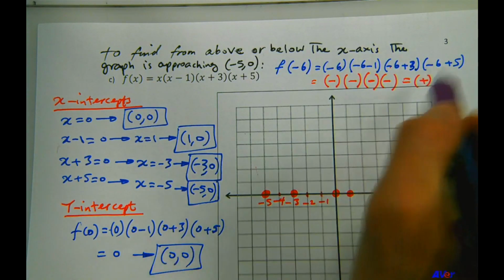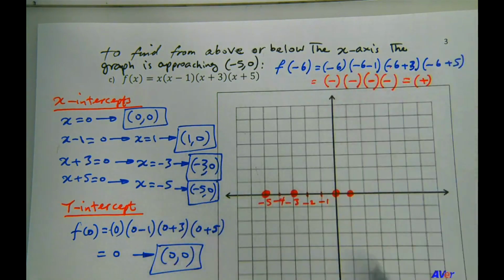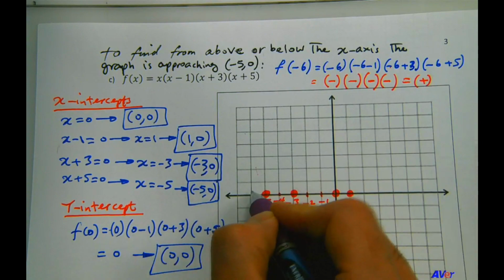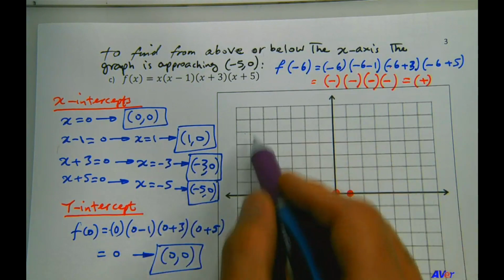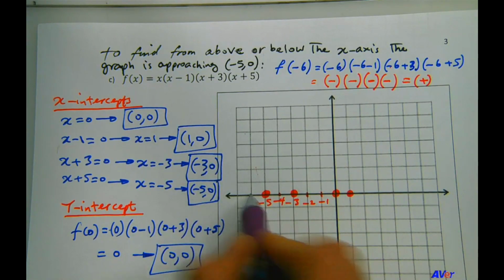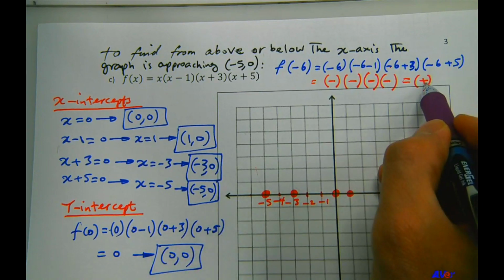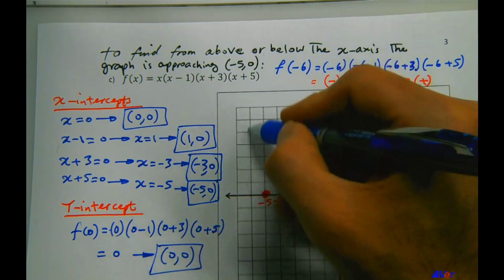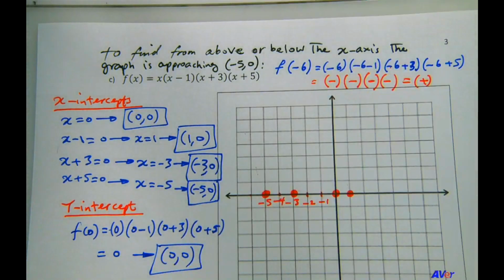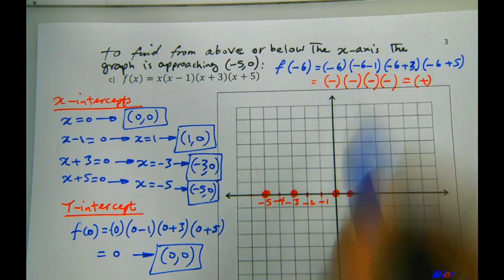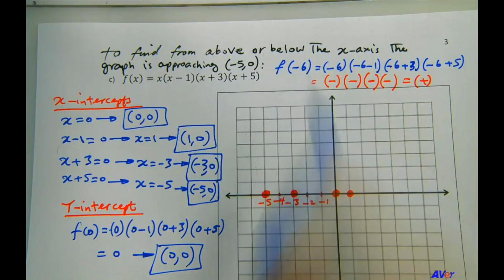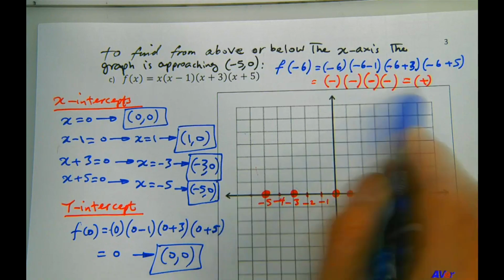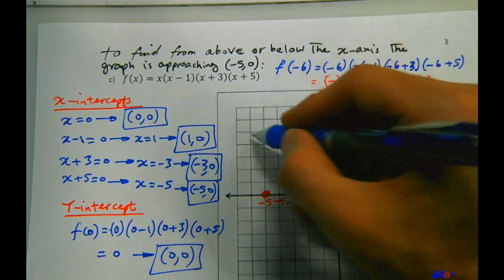So with this quick test, we established that if we are on the left side of this, if I picked -6 and I ended up with a positive function value, then the line must be coming from above the x-axis, because the function value at an x that I picked randomly from this side turned out to be positive.